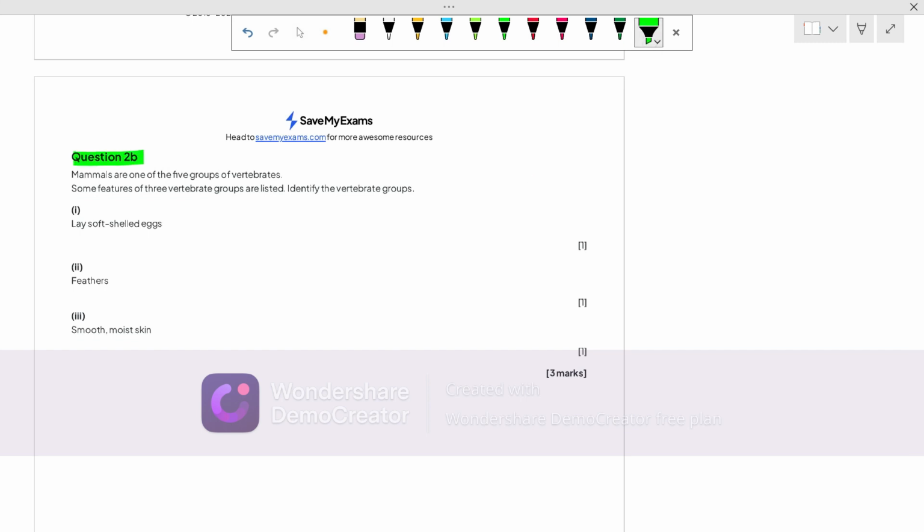Question 2b. Mammals are one of the 5 groups of vertebrates. Some features of 3 vertebrate groups are listed. Identify the vertebrate groups. The first one is lay soft-shelled eggs. Second one, feathers. Third one, smooth and moist skin.